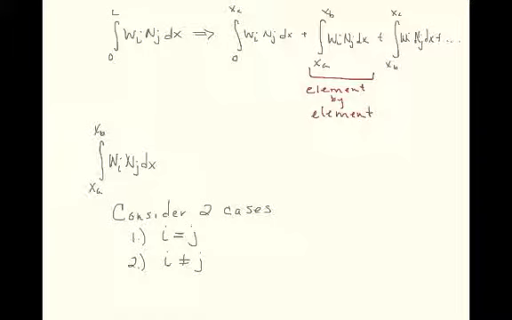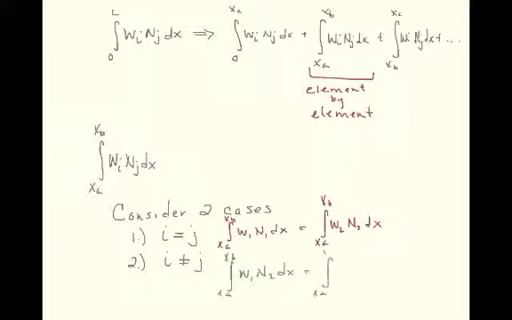I equals j means that we have the integral from xa to xb of W1 N1 dx, which is also equal to the integral from xa to xb of W2 N2 dx. For i not equal to j, we have the integral from xa to xb of W1 N2 dx, which is equal to the integral from xa to xb of W2 N1 dx.